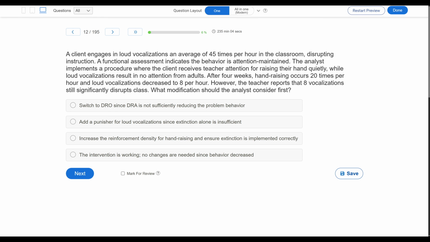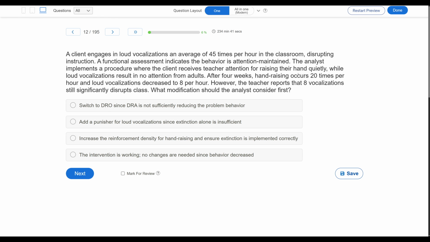Attention maintained. Analyst has this procedure where teacher attention is given for raising hand quietly. So that's the replacement behavior, while loud vocalizations result in no attention from adults. And notice in these mini mocks, we don't ever jump straight to the answer choices. We reread the question and attack the question. The more time you spend in the question, the easier the answer is going to be.